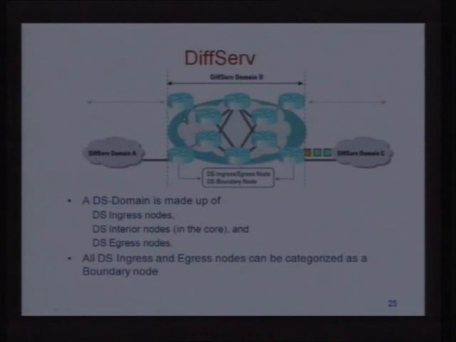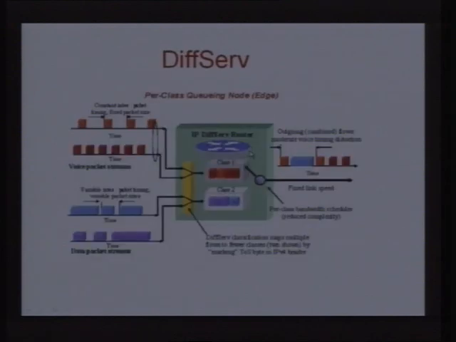All the boundary nodes at the entry point are known as ingress nodes. The nodes or routers at the outer end are known as egress nodes, and all the nodes in the core are called interior nodes. We can also call the ingress and egress nodes the boundary nodes.